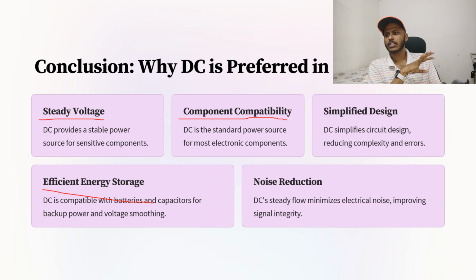And noise reduction: DC, since it is steady in nature, minimizes electrical noise, which improves the signal integrity and the quality or efficiency, in simple words. So these are the reasons why we are using DC in electronic devices.